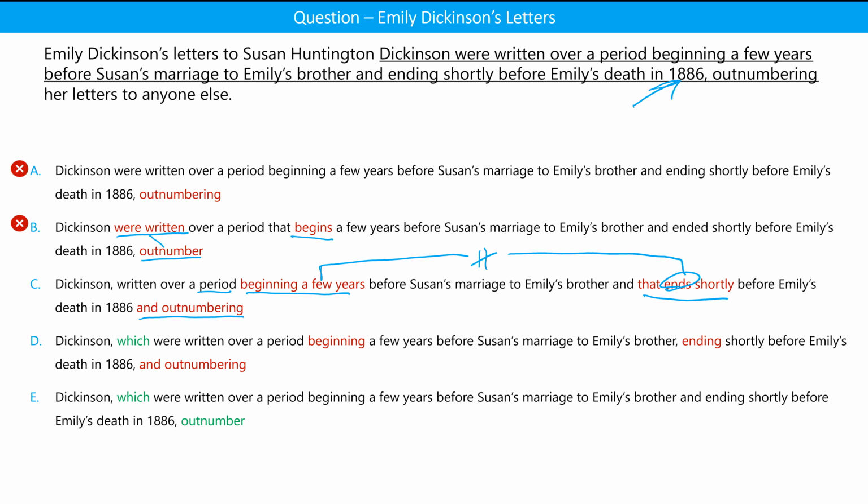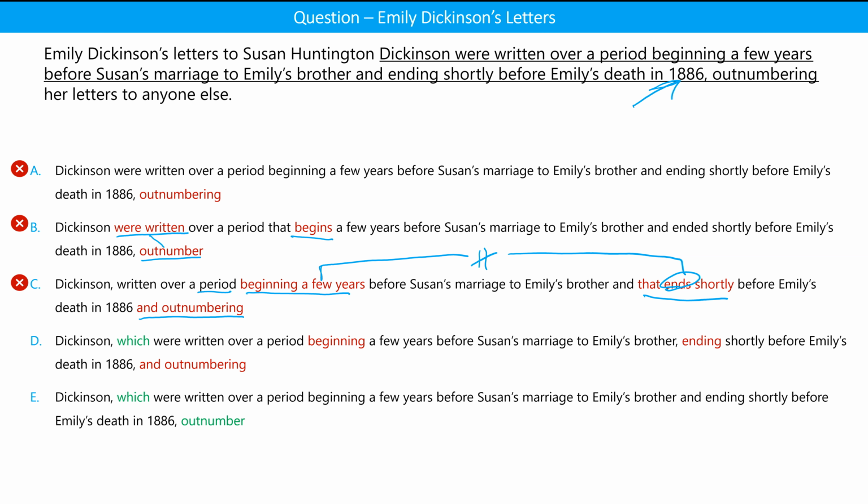And this is a structural error here. There seems to be no connection for this modifier anywhere in the sentence. There is no entity in the sentence that and outnumbering is really connecting to. So we have that as an additional error for choice C. So we are going to reject choice C for multiple reasons here.